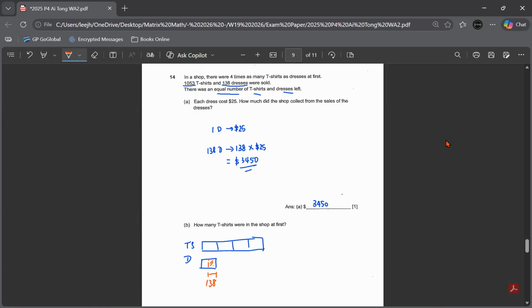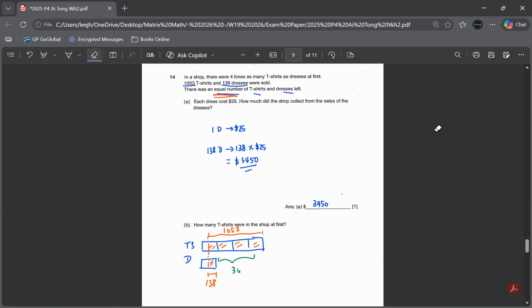That means there will be an equal number of t-shirts and dresses left, which means this will be whatever t-shirts are sold, which is 1053. We can see from here there is a difference of 3U.